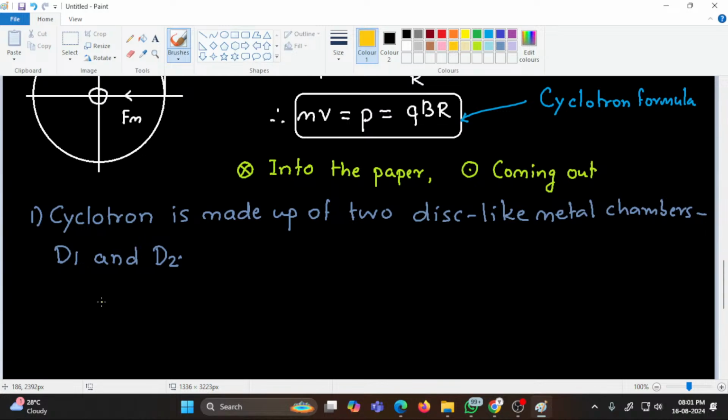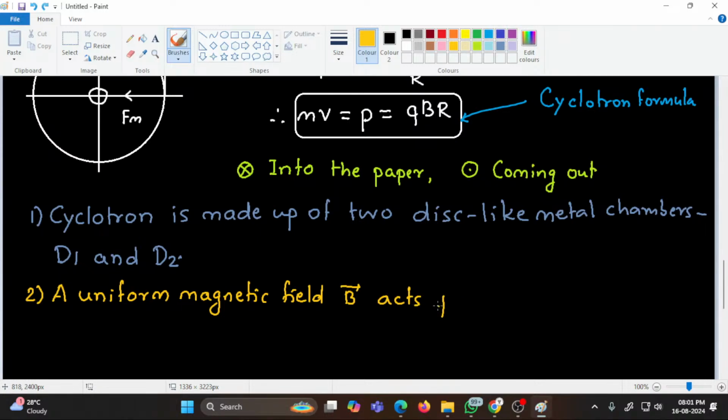A uniform magnetic field B bar acts perpendicular to the plane of the Ds.